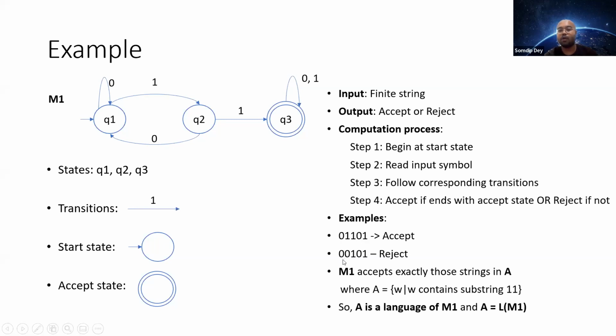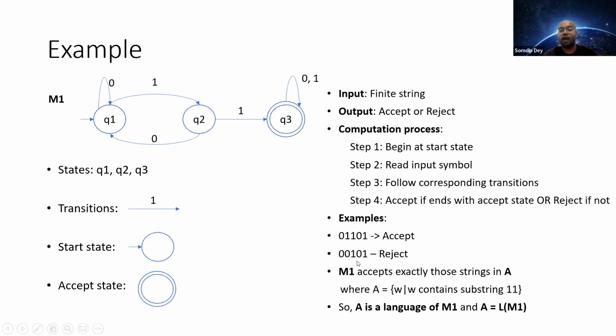If the input string now changes to 00101, so 0 means we start from Q1 again, the start state. And because it is 0, we remain on Q1 because it transitions to itself. The next is 0, it again remains on the same state because it again transitions to itself.